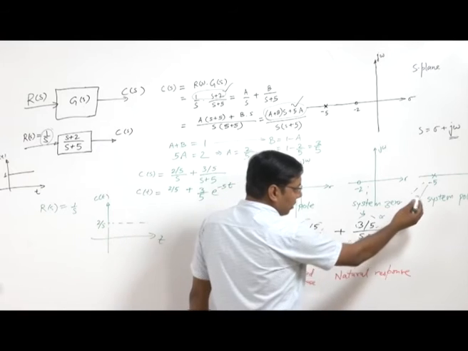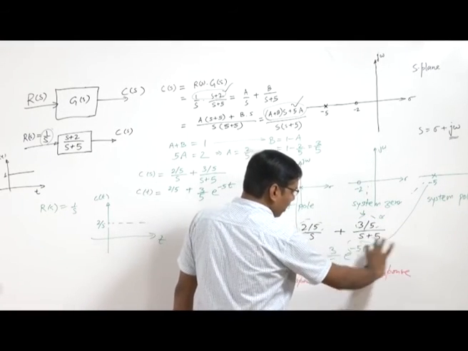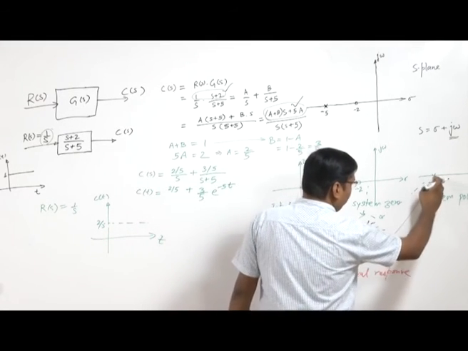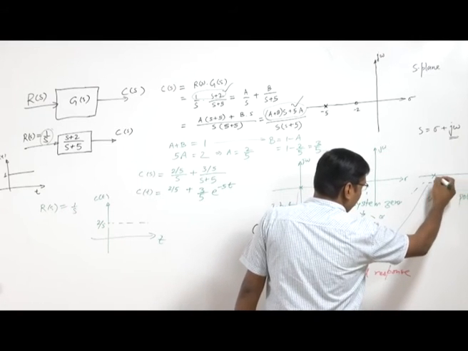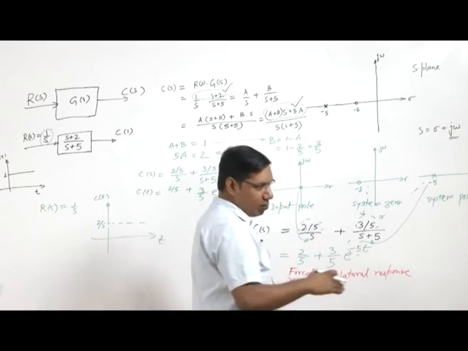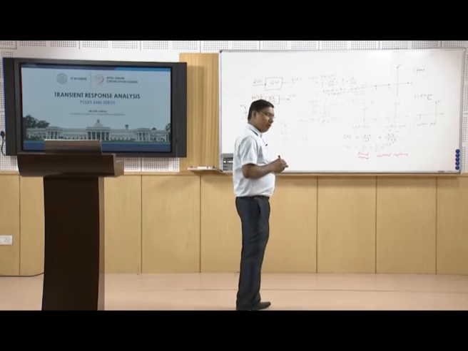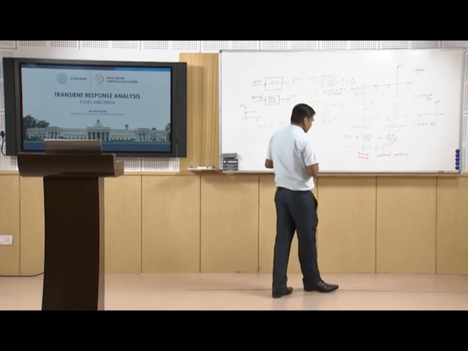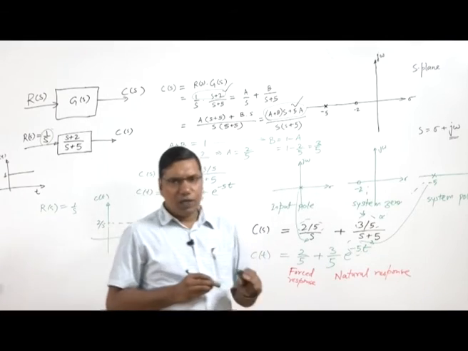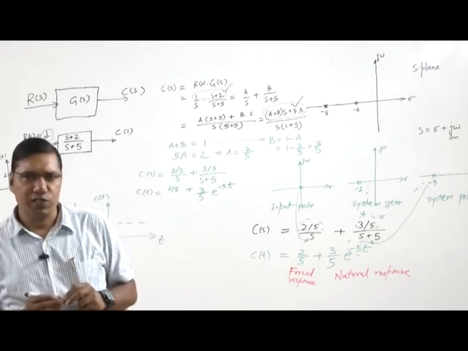If this system pole is not here, then this exponential part will not be there. If we move this pole, the form will still be exponential, but the speed of the exponential decay will change. So we conclude that the pole of the transfer function generates the form of the natural response.